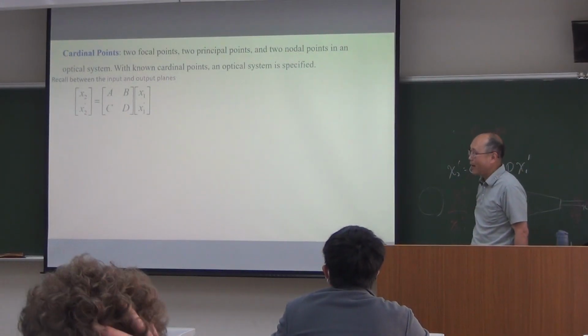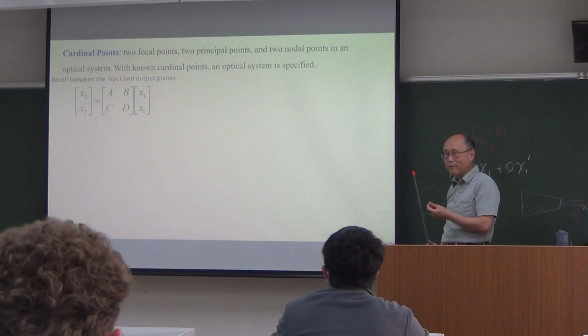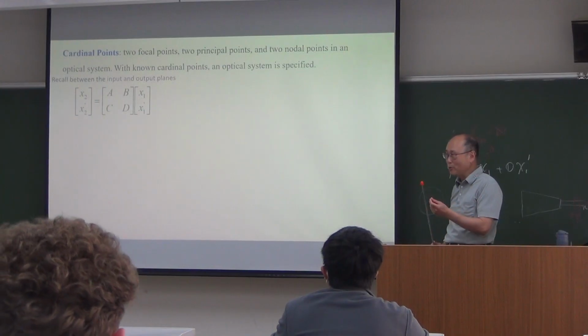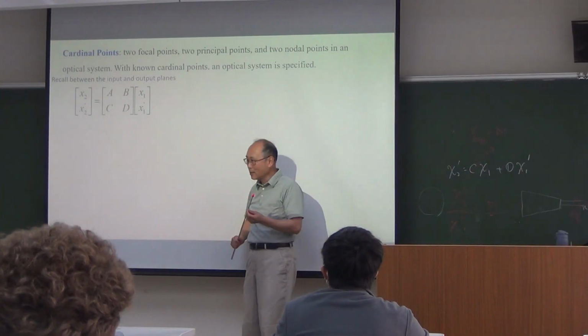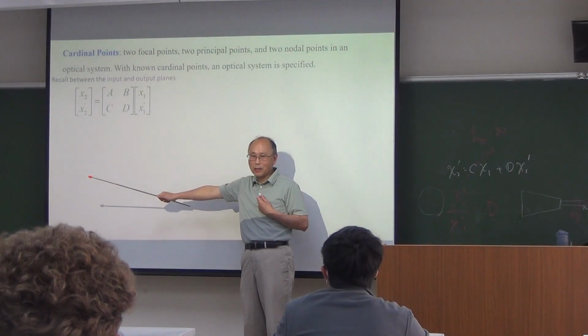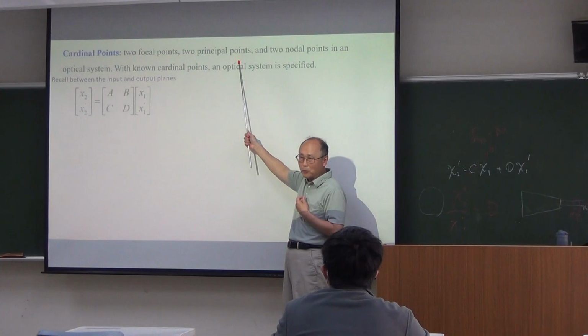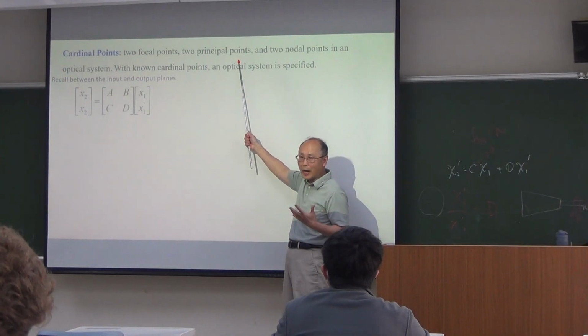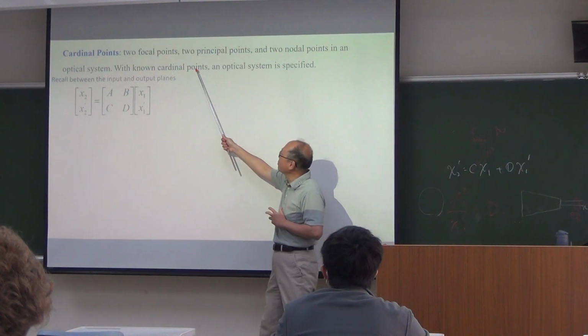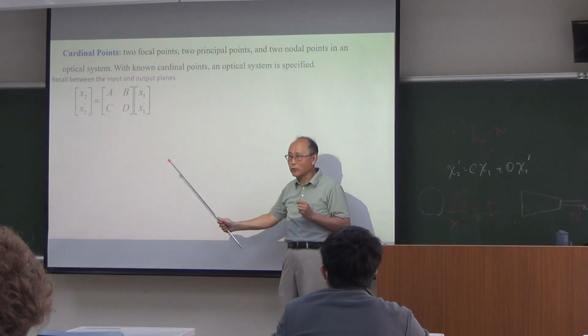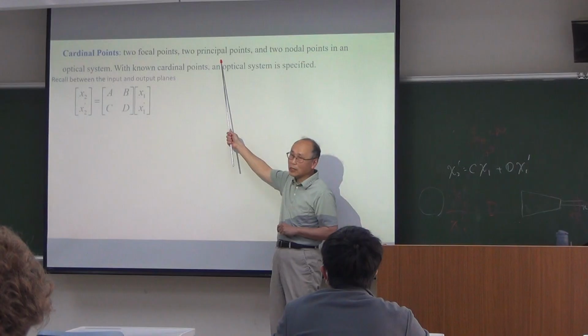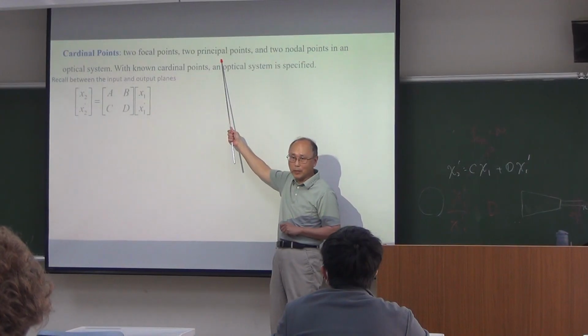Okay, but then the system focal length is between the focal point and some plane, and those planes are called the principal point, principal plane. Okay, and we need to identify where those planes are. If I know the focal point and also the focal length, then I can identify these two principal planes.